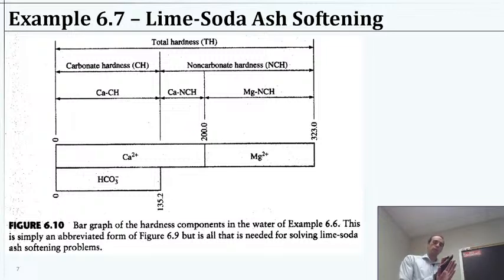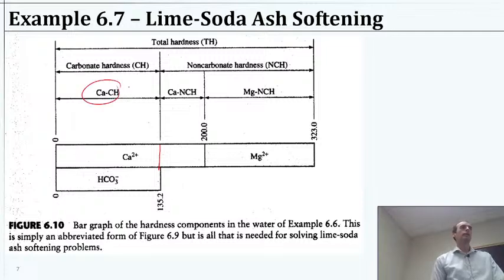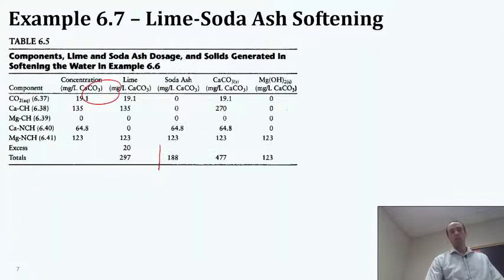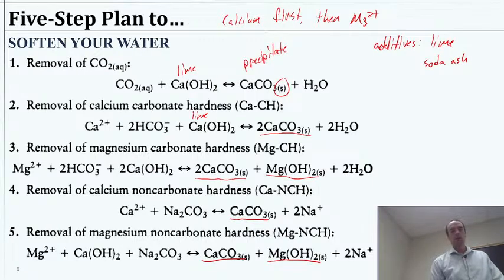Once we convert to the same values, then we can make this comparison and say, okay, we have this much calcium carbonate hardness, and therefore we're going to add an equivalent amount of lime to accomplish that according to this equation. So this number 2, we have 1 calcium to 1 lime reacting, and that will yield us this result.